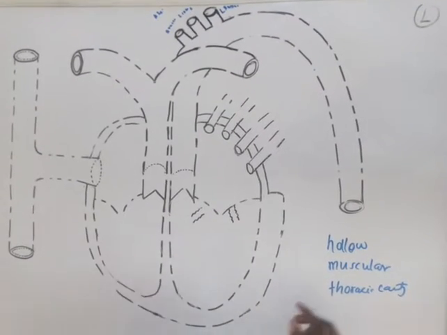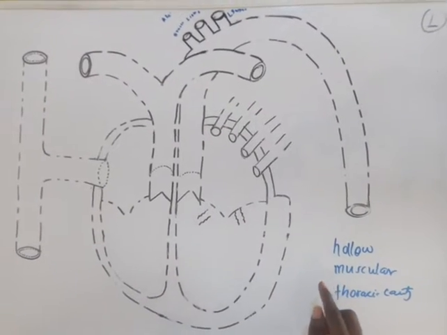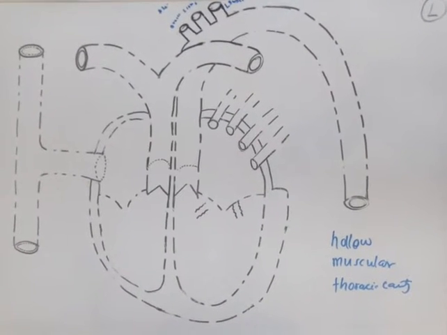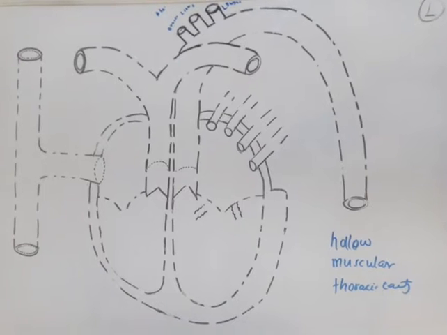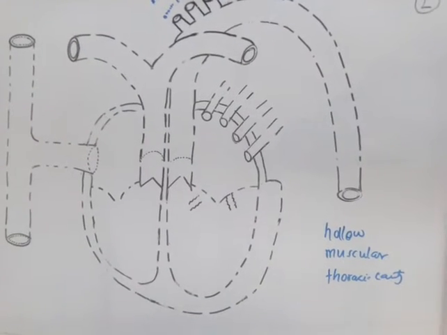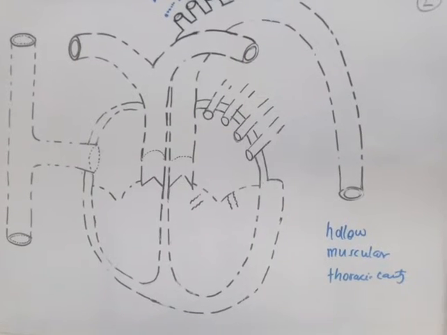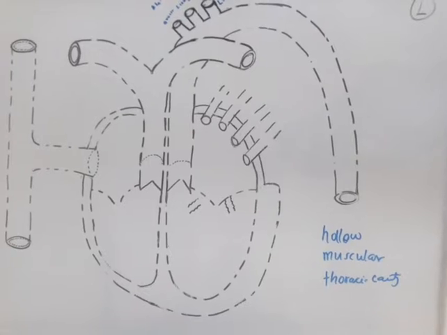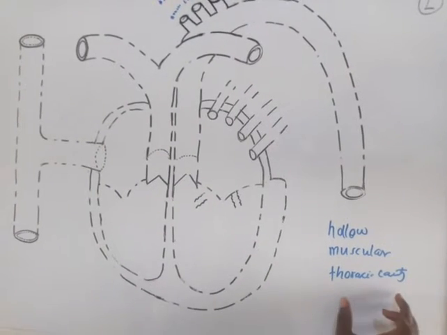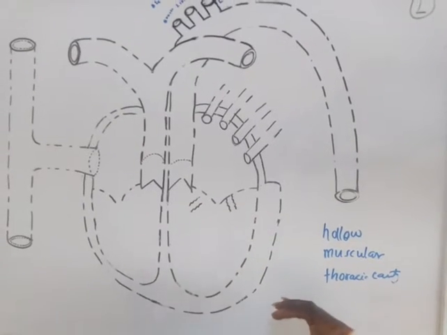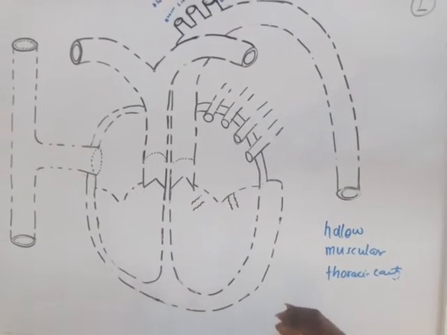Hollow means it has openings, one ending and another ending, with different channels that make it hollow. And it is in the thoracic cavity. So the heart is a hollow muscular organ found in the thoracic cavity.